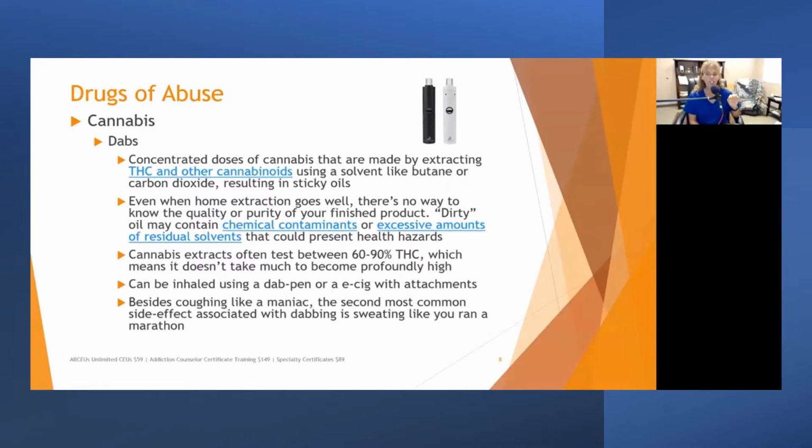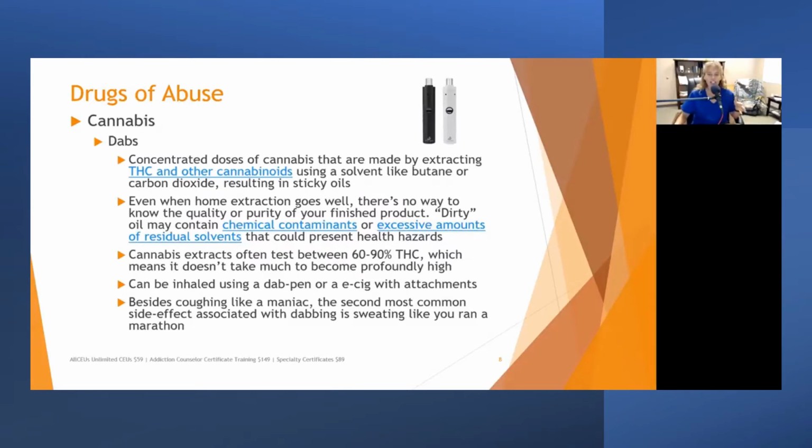Even when home extraction goes well, there's no way to know the quality or purity of the finished product. Dirty oil can contain chemical contaminants, so it may still have some of that butane or carbon dioxide in it, or excessive amounts of residual solvents that could present health hazards. So is it safe? Yeah, the jury's really still out.